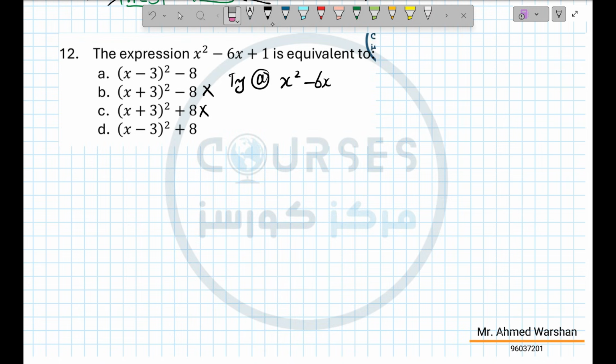And then b squared, which is negative 3 times negative 3, which is plus 9. And then minus 8. So clearly, this will be x squared minus 6x plus 1. So indeed, it gives us this. So the answer is indeed A.